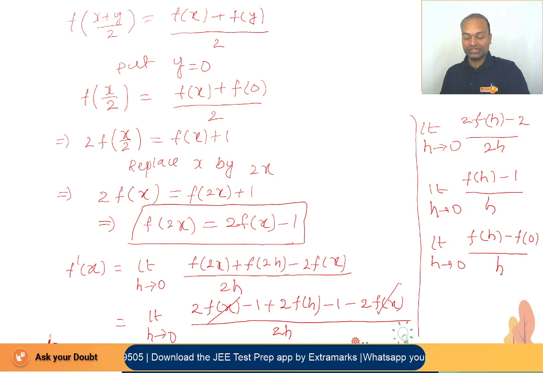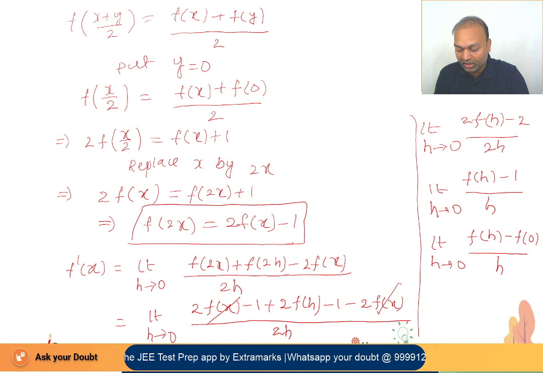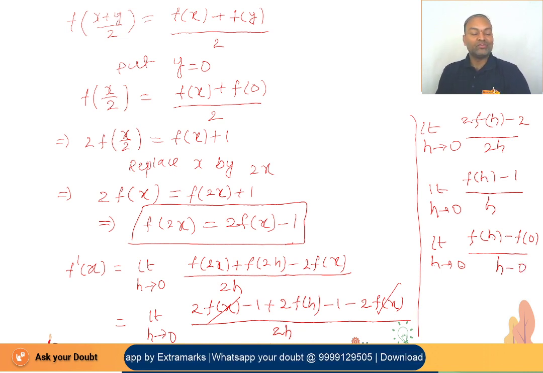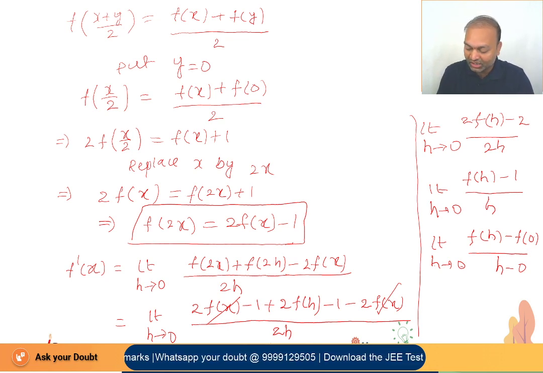Then what about this answer? Just observe this one. It is in the form of limit x tends to c, f of x minus f of c by x minus c, where here h minus 0 I am writing. The formula is for f dash of c. C means what? 0. So that is equal to f dash of 0.